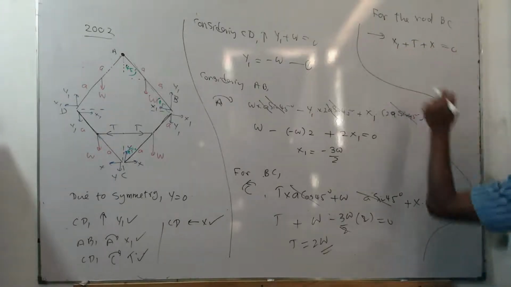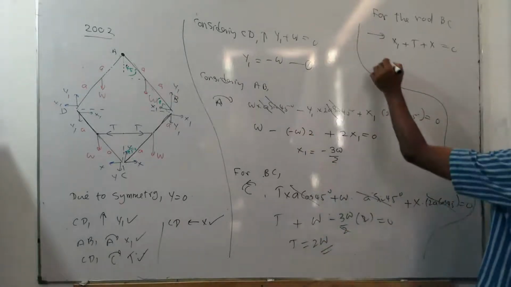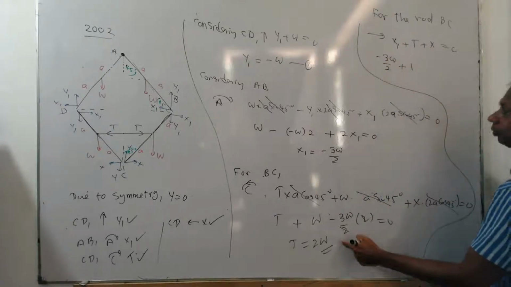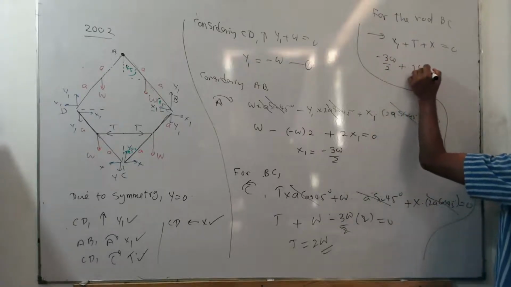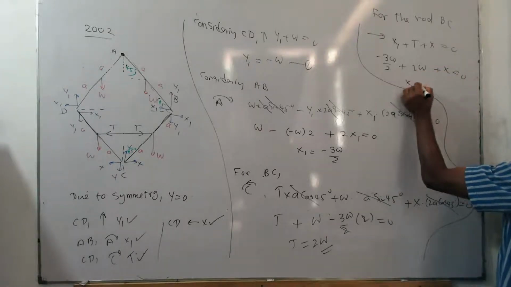We can substitute for x1. X1 we found is minus 3W over 2, plus T we found 2W, plus X equals 0. So X will be equal to W over 2.